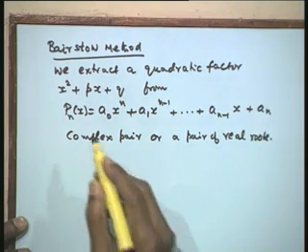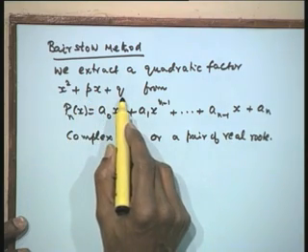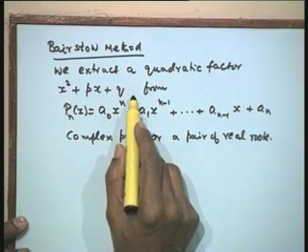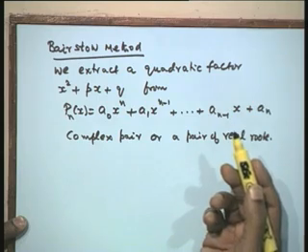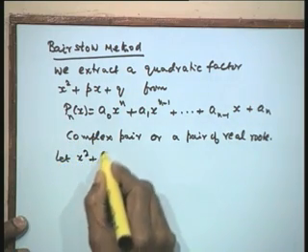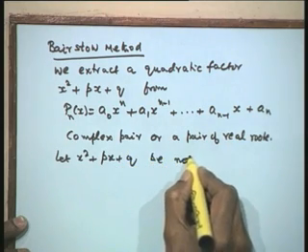Now if we divide p n x by x squared plus px plus q, if this was exact, I would get a polynomial of degree n minus 2. If it is not exact, then I will have a remainder. So let x squared plus px plus q be not an exact factor.